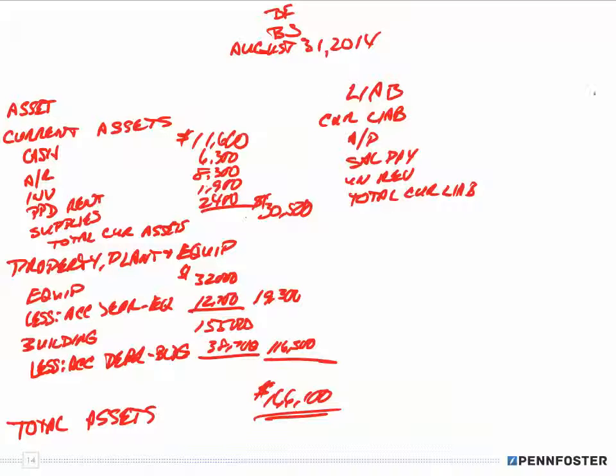Okay, for the simple reason that in this column here, all I want to have is liabilities plus my equity, right? In order to get my total liabilities and equity.